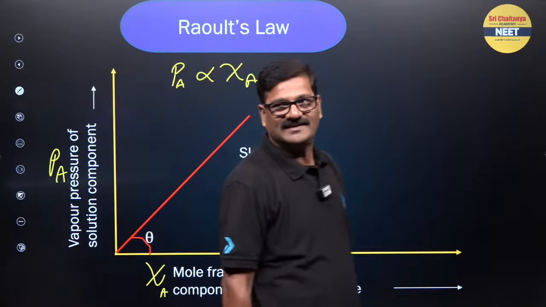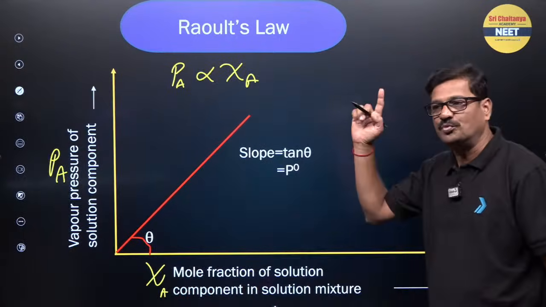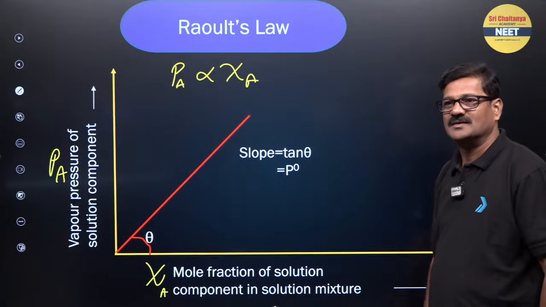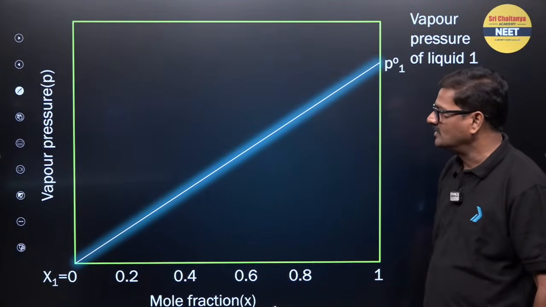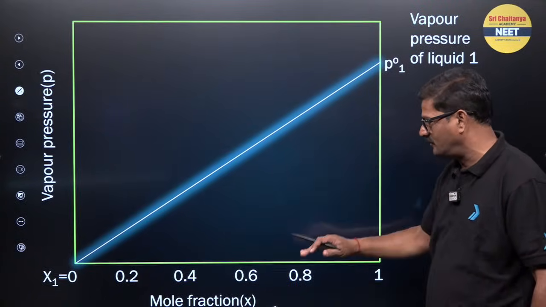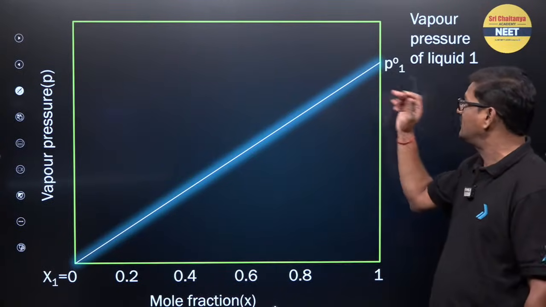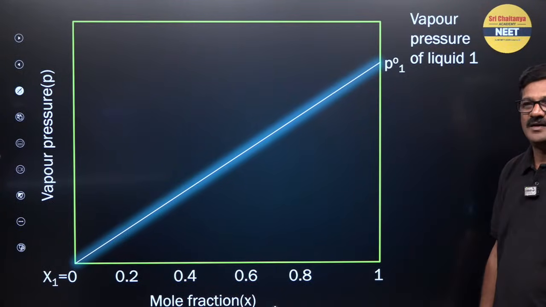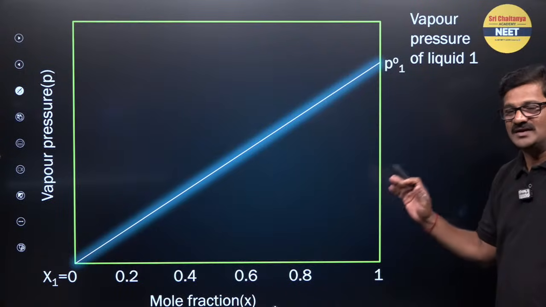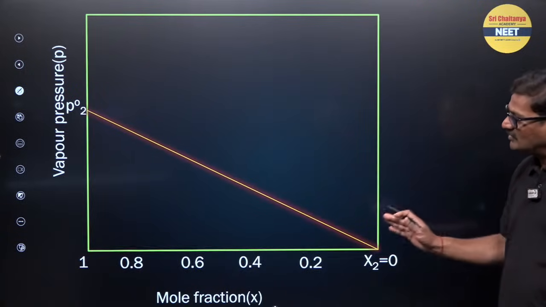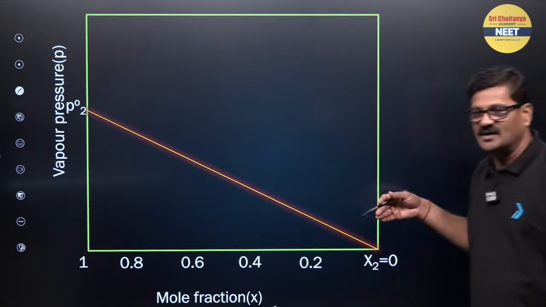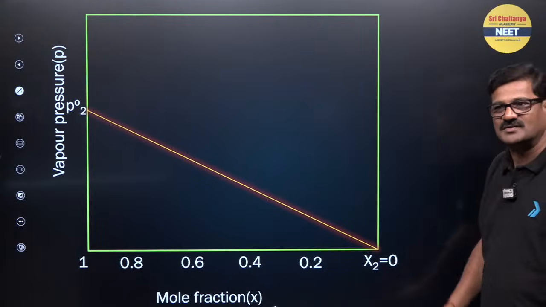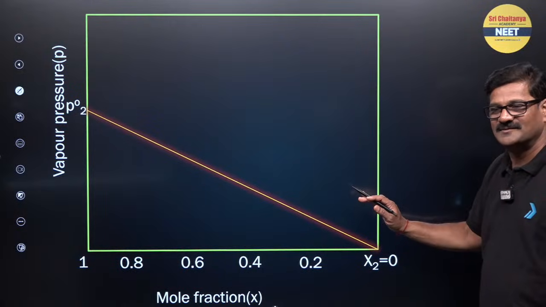The slope is tan theta, which gives P°. Similarly, for B you are going to get a straight line: as the mole fraction of B increases, the vapor pressure also increases.